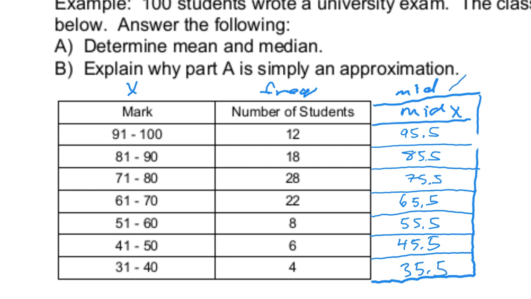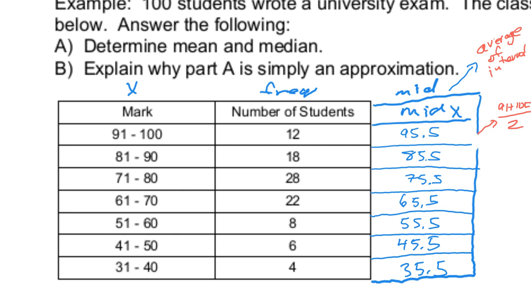And remember, this midpoint is always the average of the interval. So this one here was 91 plus 100 divided by 2.